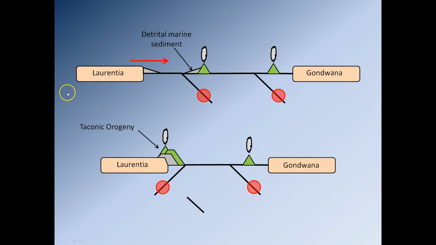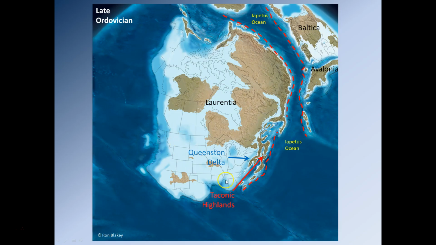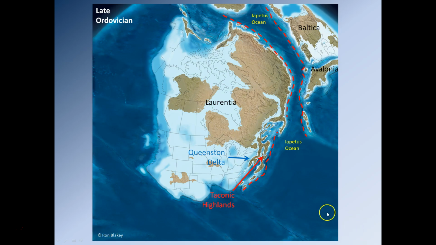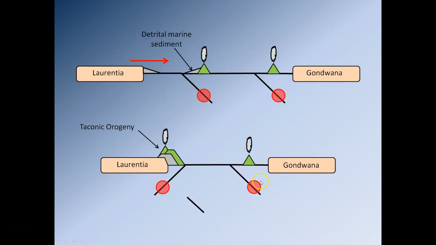So here's Laurentia, and here's Gondwana down here, and in between we have a rather large body of water, and we have a lot of oceanic crust in between. Now you can see Baltica and Avalonia are heading this way. That's going to produce the Caledonian Highlands up here. So what's going on down here to give us the Tectonic Highlands?